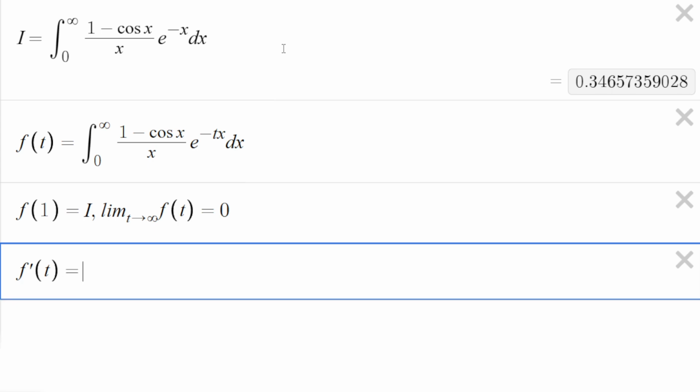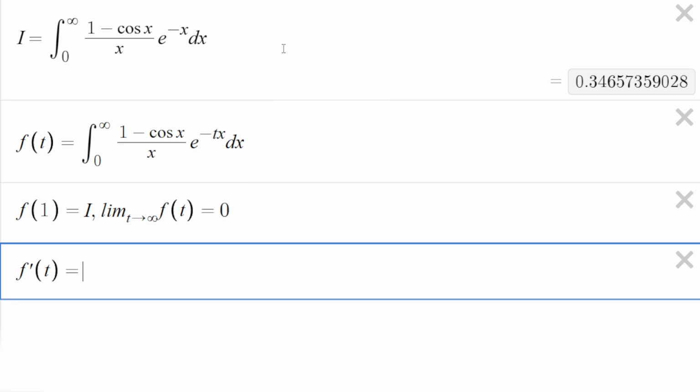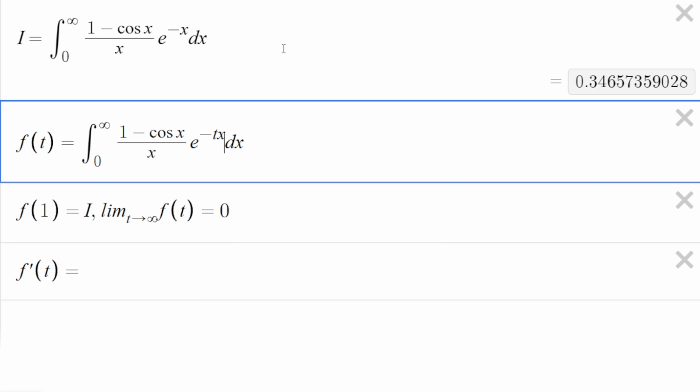Now, we can use the Leibniz rule for differentiation under the integral sign to take the derivative of our f of t just by bringing the derivative directly inside the integral sign. Okay, so we need to take the partial derivative with respect to t of this.